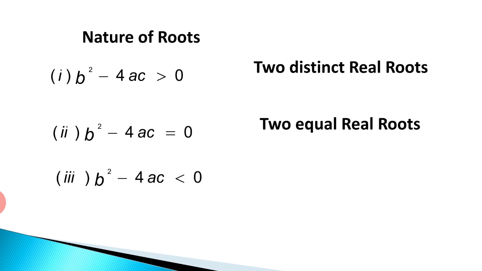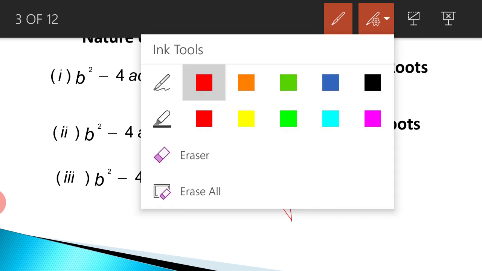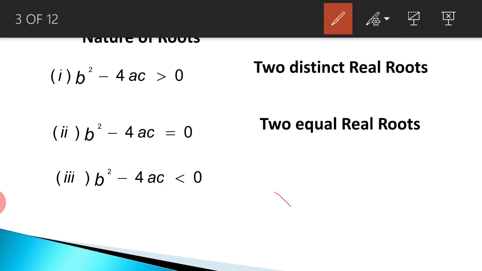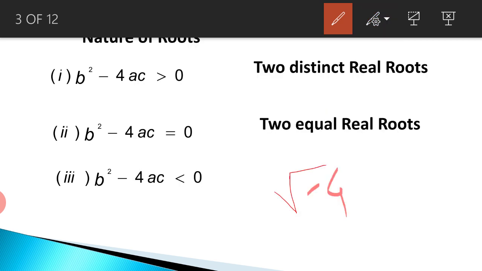Now if b square minus 4ac is less than 0, that means negative, in that case we cannot find the value of the square root of a negative number. If I ask you to get the value of root of minus 4, you cannot find it, because these types of numbers are imaginary numbers or complex numbers.